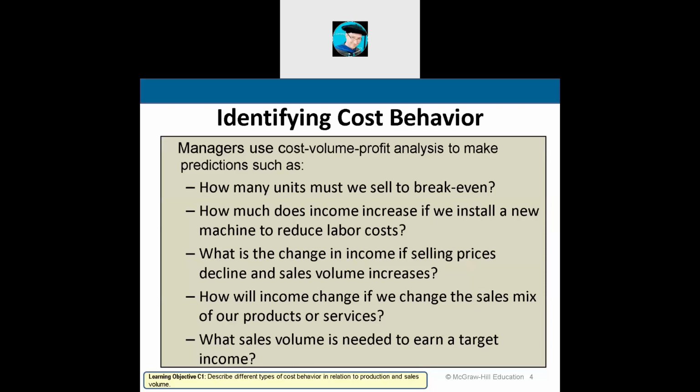That's your profit target, right? Great. That's a great goal, okay? So how many units do I need to sell in order to earn that target income? Awesome question. And we'll talk about that concept by applying the formula.